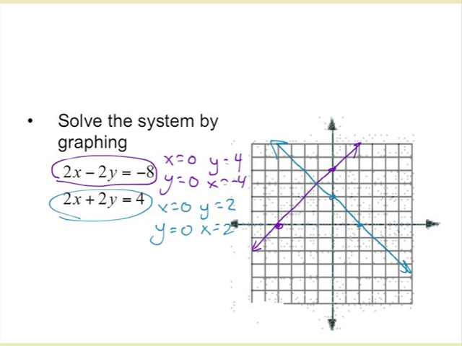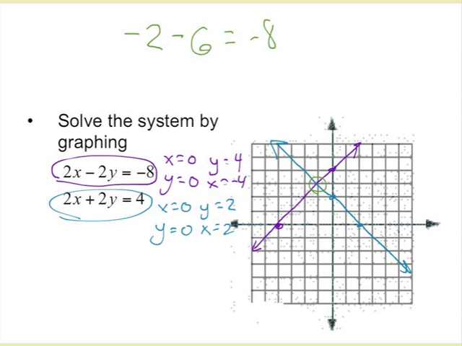Then we want to look for what these lines have in common, which appears to be this point at -1, 3. But you would want to confirm that and make sure it does actually work. If I plug in a -1 for x and a 3 for y in the first equation, I get -2 minus 6 equals -8. That's good.